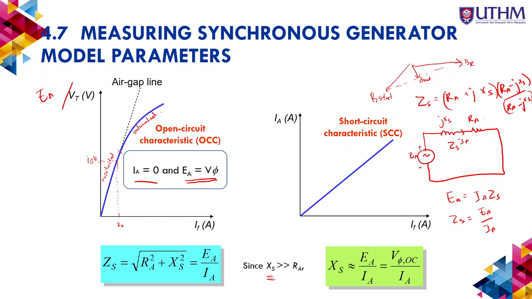ZS is equal to XS, which is equal to EA divided by IA, or the open circuit. Since EA is equal to V phase, you can put the open circuit value, and then divide by IA.